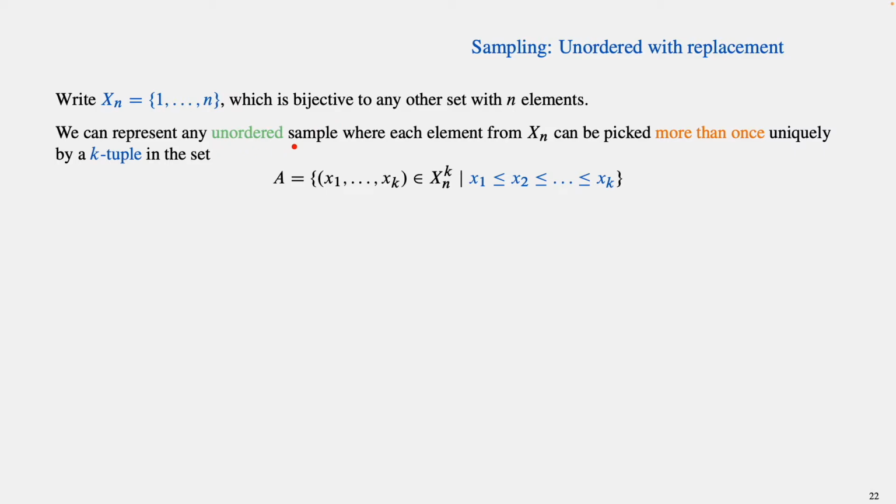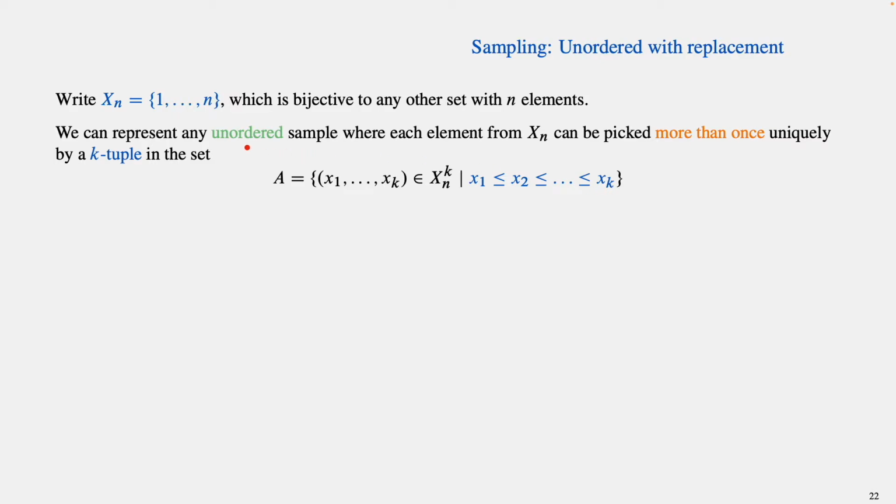Now each unordered sample, where each element from X_n can be picked more than once, can be uniquely represented by a k-tuple in the following set A. This is a k-tuple, so each entry in this tuple stands for one pick, x_1 to x_k, from the Cartesian product of X_n with itself, k times, and we assume that x_1 is less or equal to x_2, which is less or equal to the next, up to x_k.